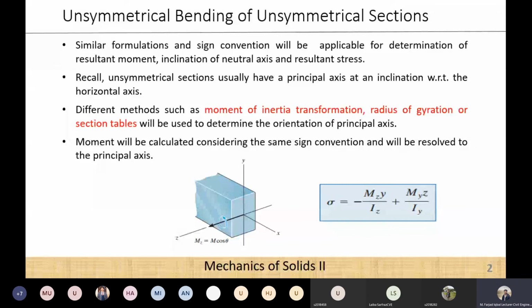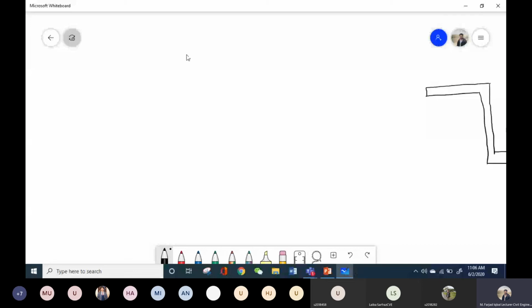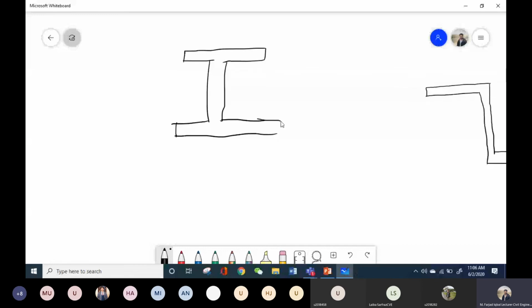Okay, today we are going to study unsymmetrical bending for unsymmetrical sections. In the previous two or three classes, we studied unsymmetrical bending for the case of symmetrical sections. For example, we have this I section, which is a symmetrical section, and we calculated the bending stress for this section.